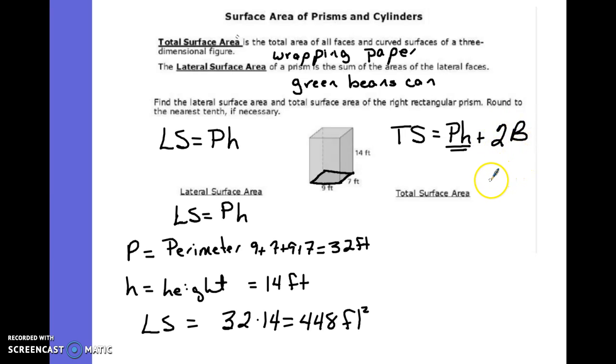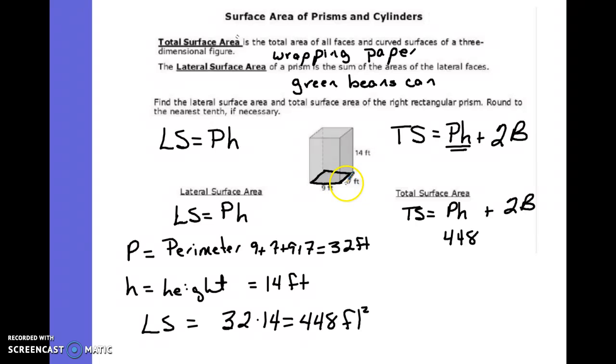Notice that's a capital B. Big B doesn't just mean black, it means the area of the base. So, to get my total surface area, it's the PH, which happens to be that 448 that we just found, plus 2 times the area of the base.